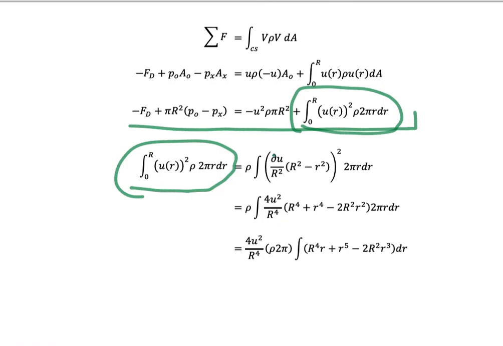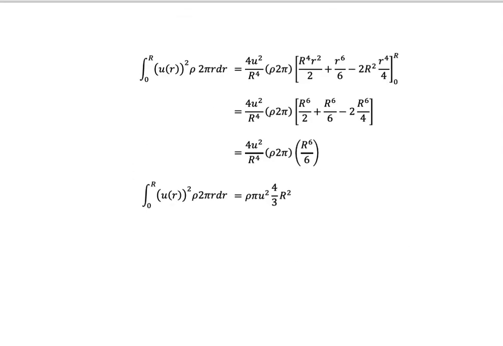Maybe there is no del here. So we have this term, and because the integration is with respect to dr, we bring out all the constant terms outside. Then if we substitute the limits 0 to r, we get this term, which means this term can be simplified into this one.